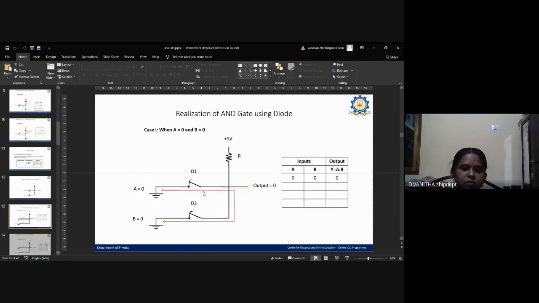So here is how the gate is working. We are using two diodes.